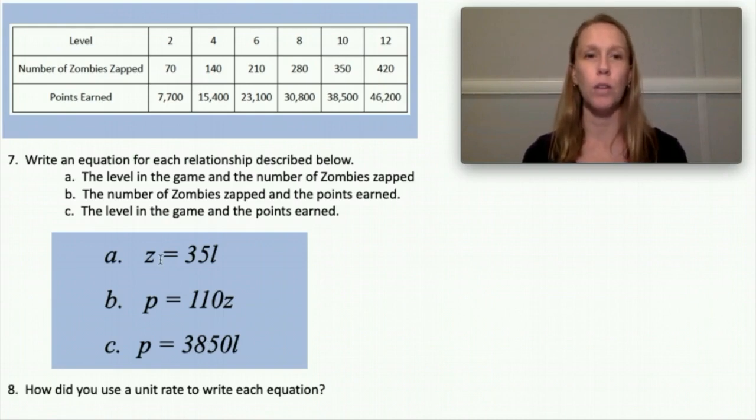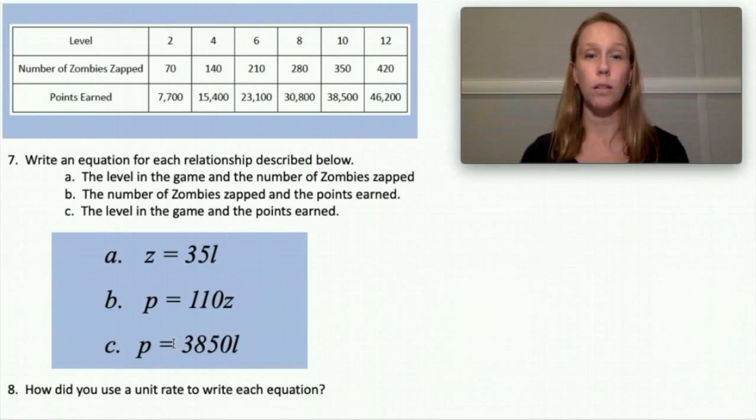So in this first equation, the number of zombies zapped is 35 times the level you're on. So whatever level is 35 points per, or zombies per level. For part B, the number of zombies zapped and the points earned. So however, if I have 2 zombies, I get 110 points per zombie, and that gives me my total number of points.